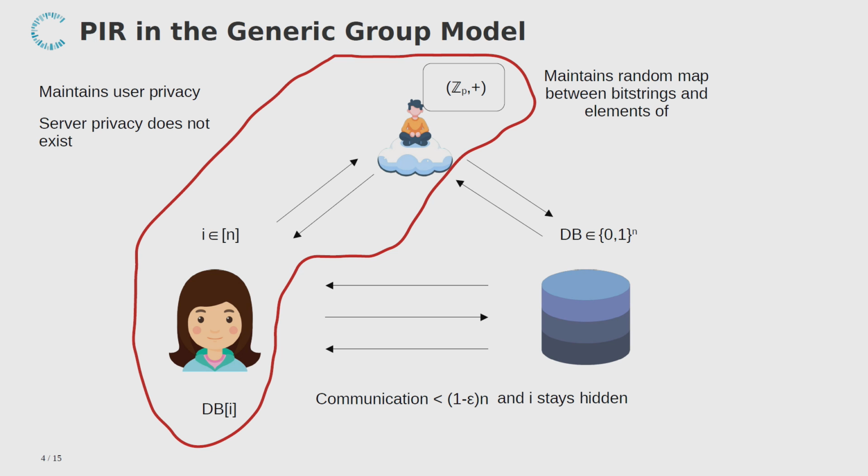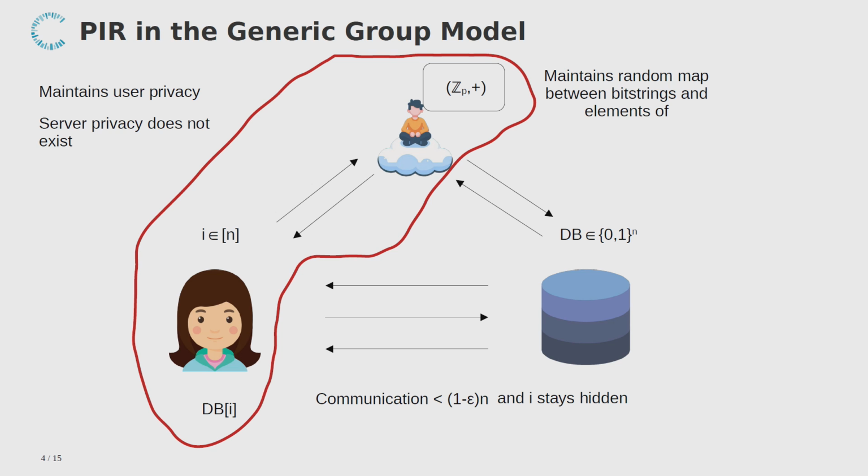What we observe is that if Alice, the user, instead simulates this oracle, then user privacy stays intact, because essentially you're only protecting against the server, and the server still interacts with an honestly behaving oracle, because the user is simulating that oracle.